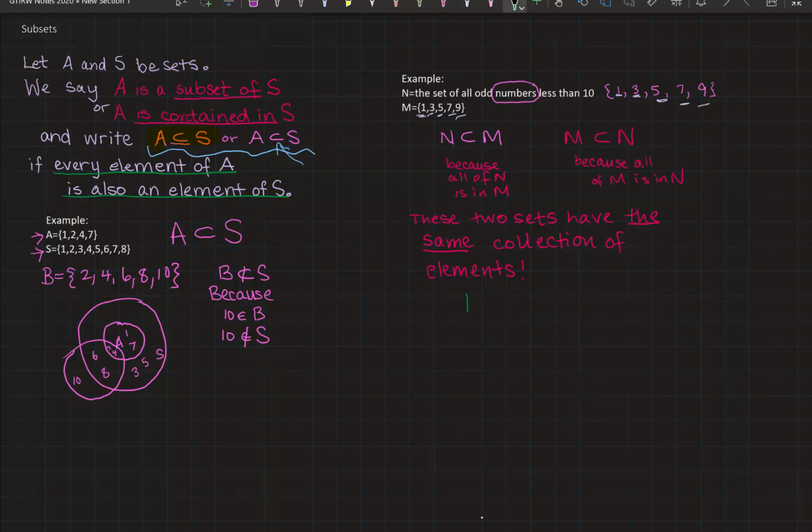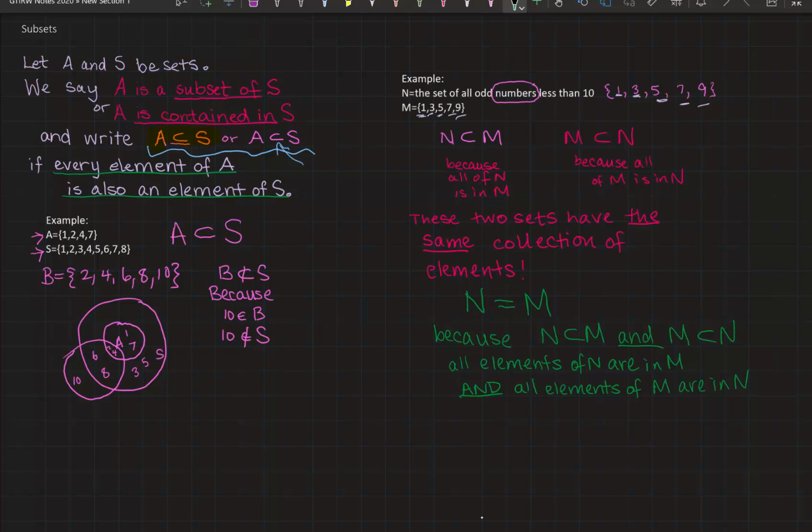So we're going to say that N equals M, and the reason is because N is a subset of M, and M is also a subset of N. So all elements of M are in N, and all elements of N are in M. And often this makes it easier to prove set equality this way.